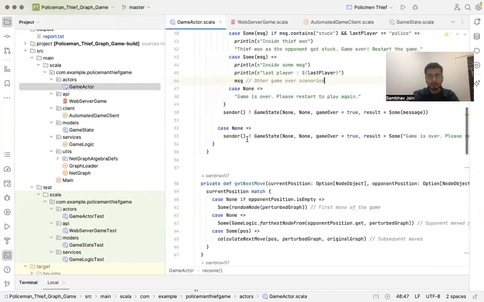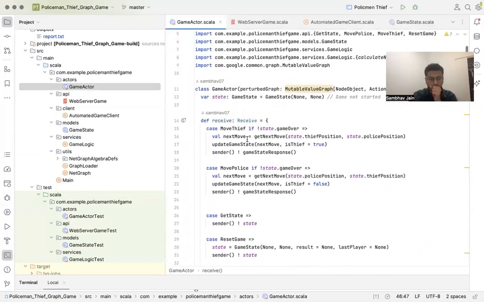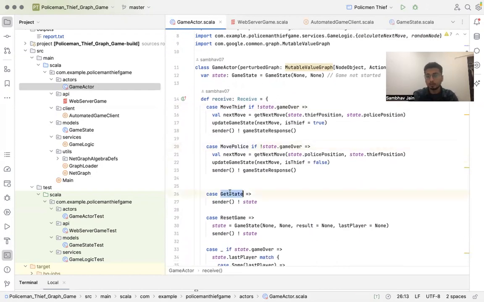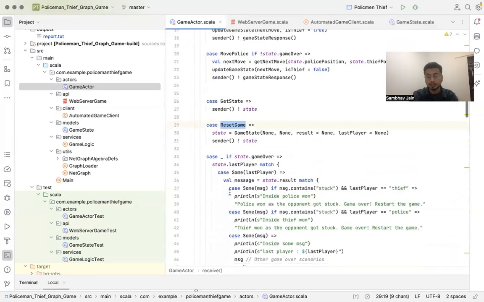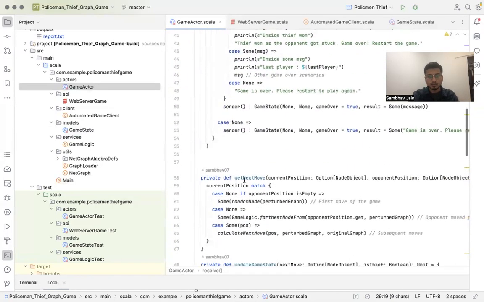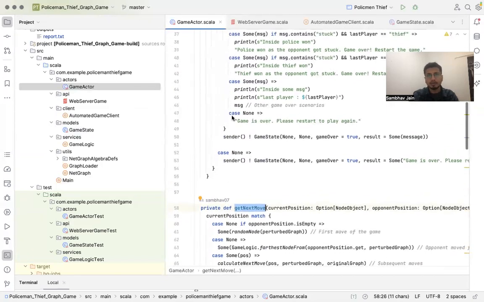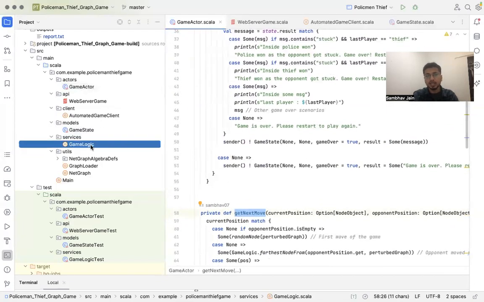This is our game actor class, where we have move thief for the movement of the thief, move police for the movement of the police, and we're getting the state and the reset game. Then we have the get next move here. And so this game actor interacts essentially with the game logic.